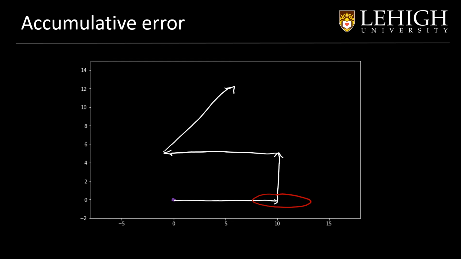So after the movement, the robot can be here, or here, or here, or here. Right now we have a range where the robot can be.